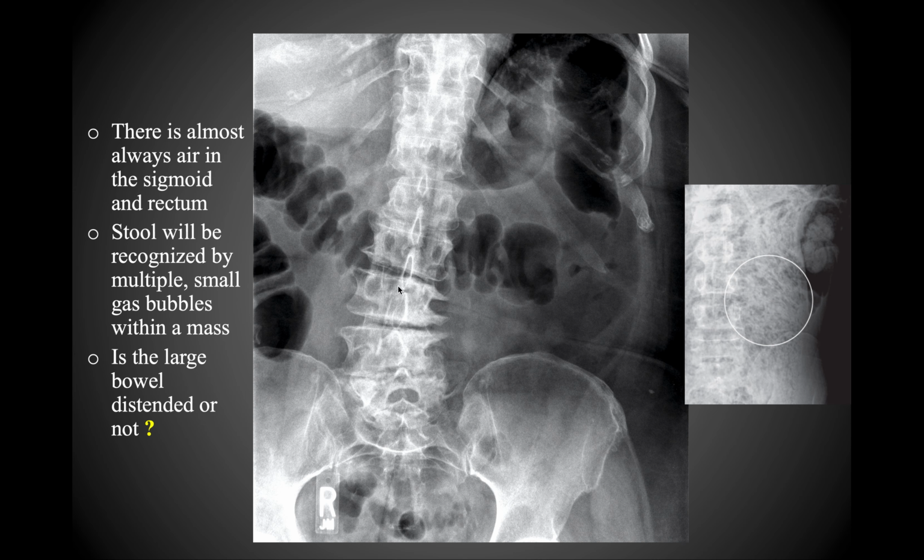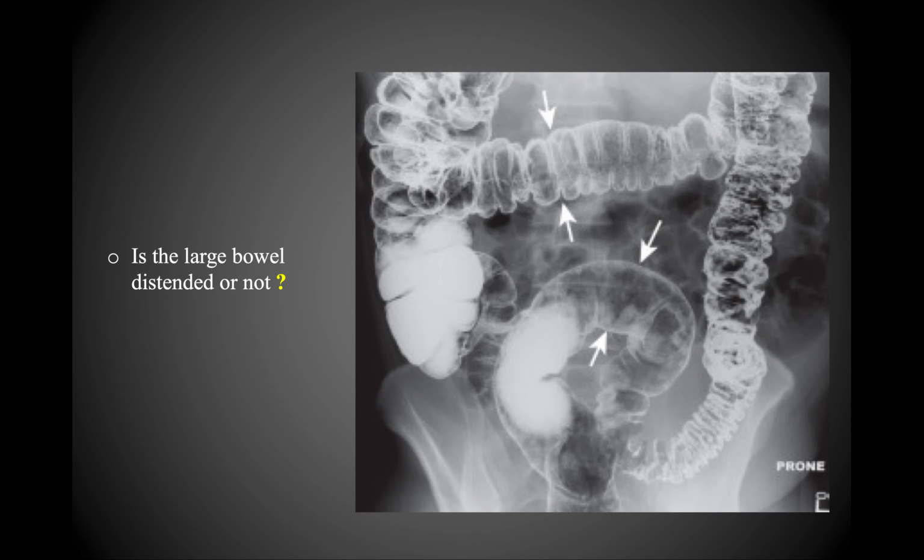So in this image on the left, is the large bowel distended or not? You want to get a sense of what the large intestine typically looks like on imaging. What is the typical size of the large intestine? And so this is a good example. This is a good one to learn from, to get a sense of what the large bowel normally looks like in terms of size. So remember, and we'll talk here in a moment about the 3-6-9 rule.